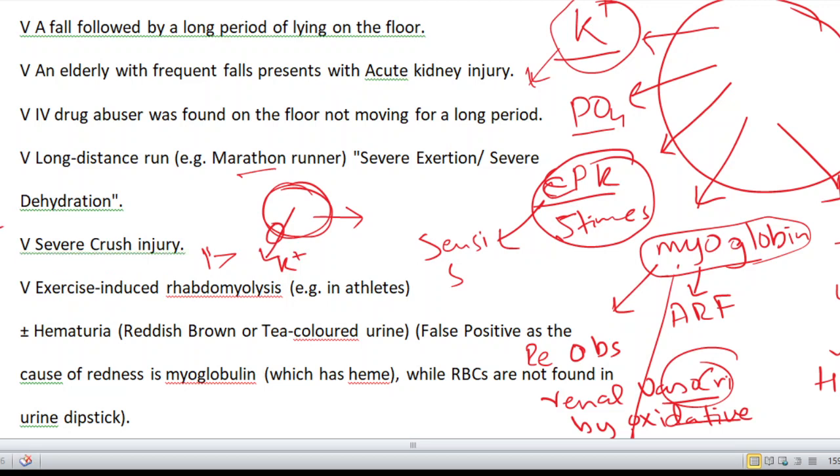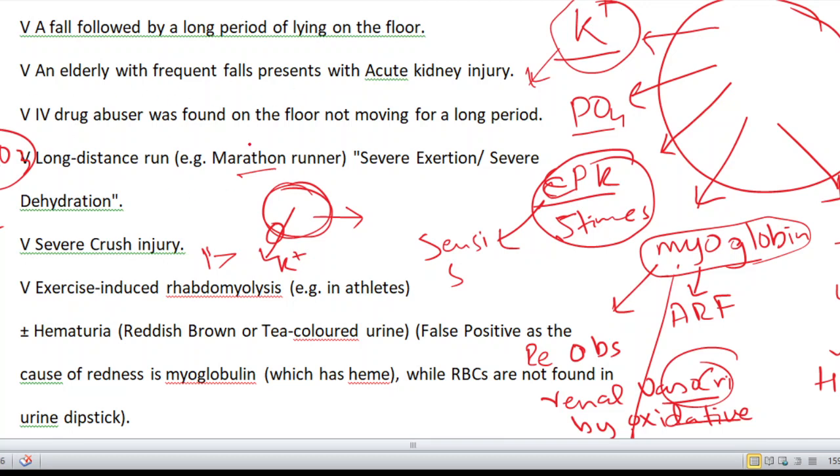We give sodium bicarbonate until his urine pH becomes more than 7. This bicarbonate is also helpful to inhibit the myoglobin-induced cytotoxicity, and it also drives the potassium back into the cell. So it has three functions.